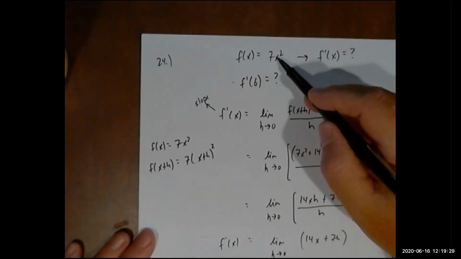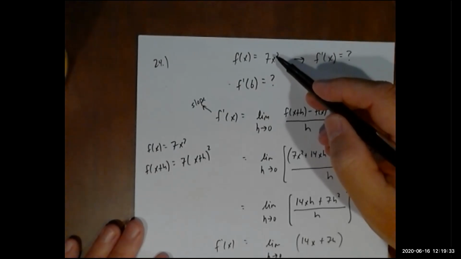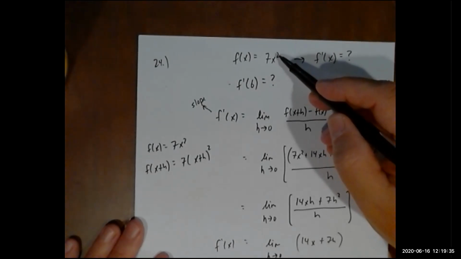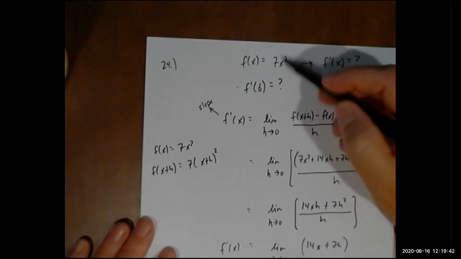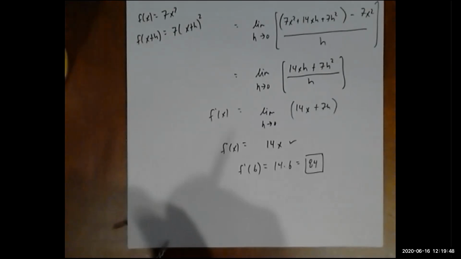If you go to that function where x is 6 and you draw your tangent line at that point, the slope of that tangent line is going to be 84, which is really the slope of this function at that point. That's all we're really doing here. Let's go back to the problem. Hopefully when I plug in 84, it will be correct.